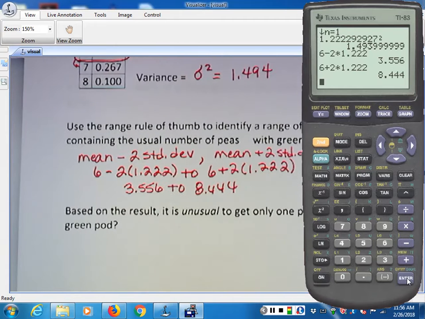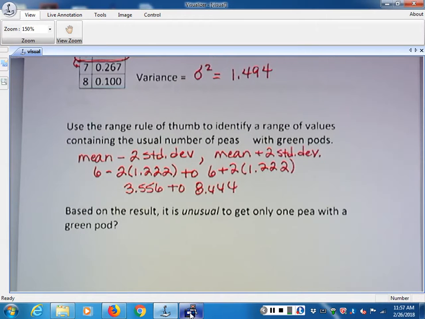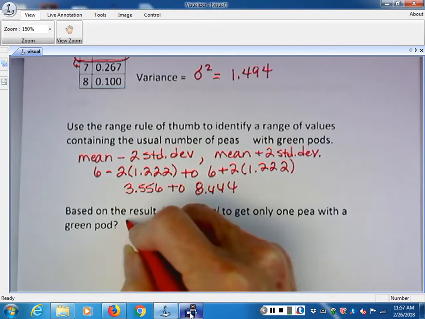So it says, based on that result, is it unusual to get only 1 pea with a green pod? Yes.